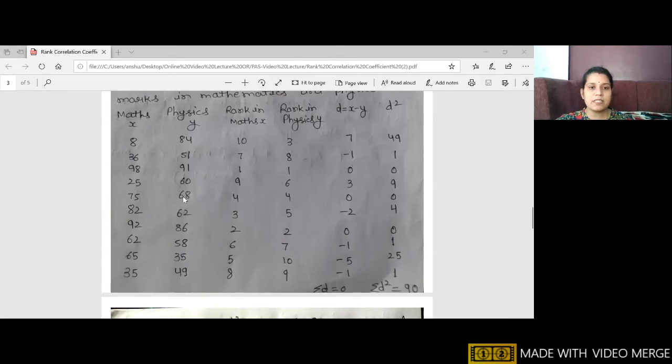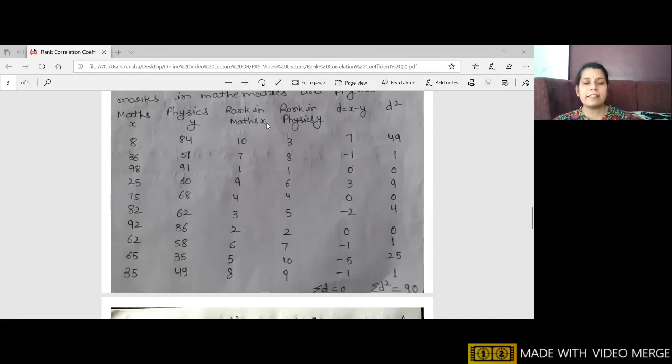The fourth is 68. So here 4. Next is 62. So here rank is 5. Next is 60. So rank is 6. Next is 58. So rank is 7. Next is 51. So rank is 8. Next is 49. So rank is 9. And last is 35. So here rank is 10.